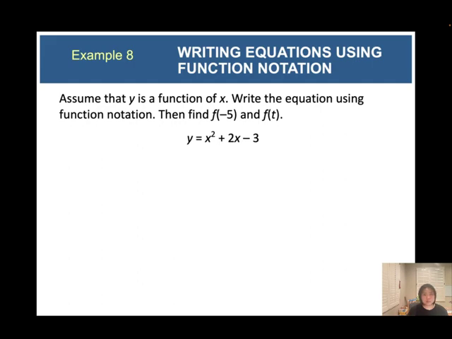Okay, for example, assume that y is a function of x. Write the equation using function notation. Then find f of -5 and f of t. So first, we do have the equation here. We're going to use f of x to replace the y. And now, we're going to plug in -5 here.